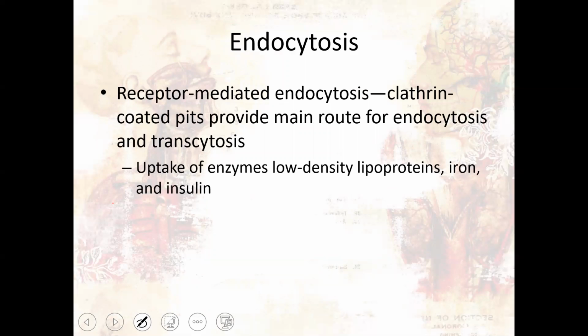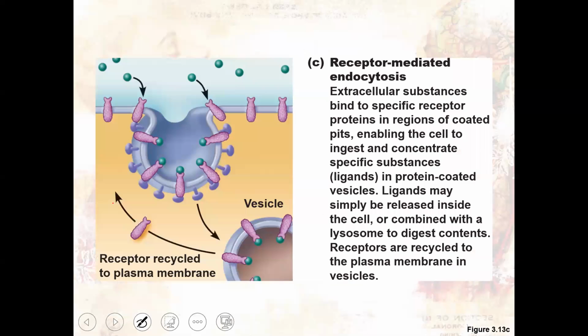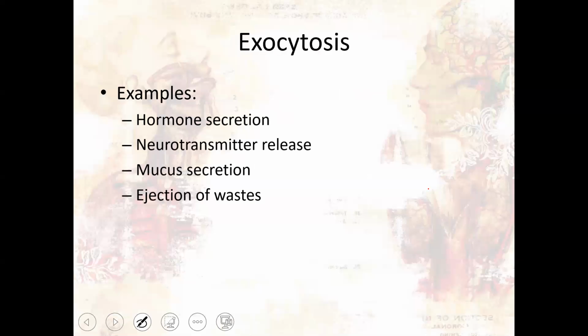Receptor-mediated endocytosis, again, this is very specific, where things bind to receptors on the cell membrane and then they're all brought in together, like so. Anything that binds to a receptor is called a ligand. So when you see that term ligand, that's anything that binds to a receptor. Exocytosis is the opposite.